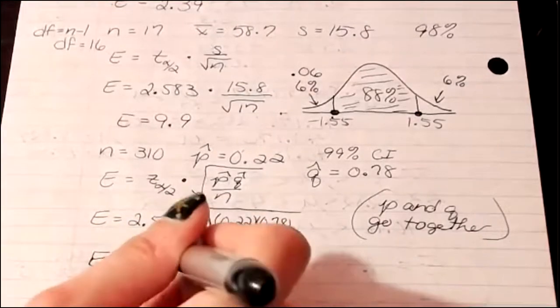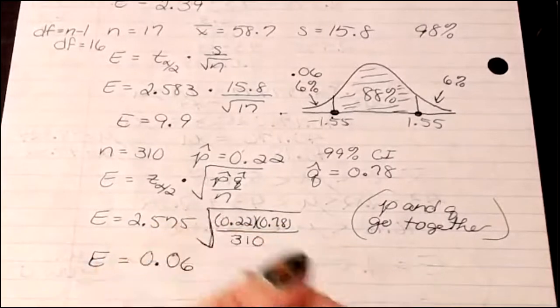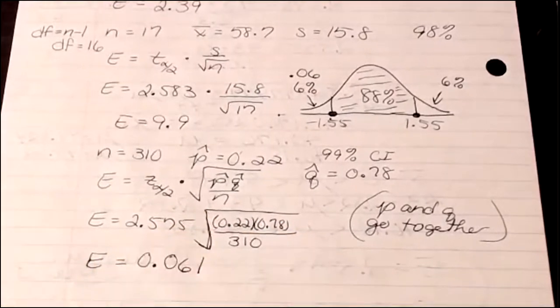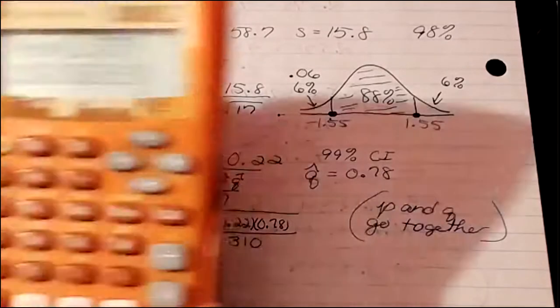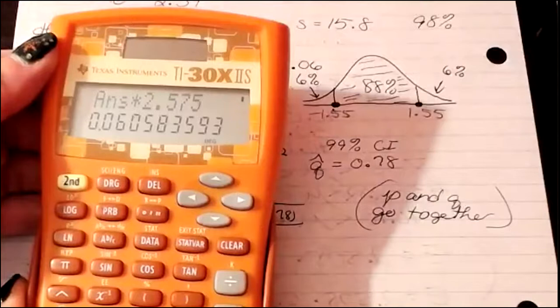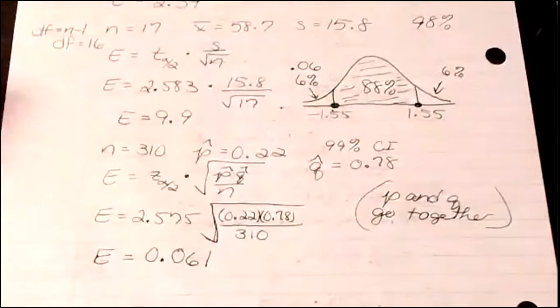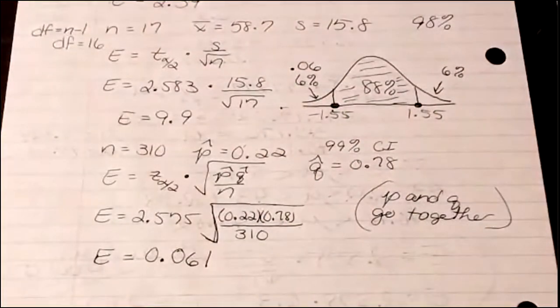I hope you're getting 0.061. When you punch this into your calculator, you should be getting 0.0605835593. When we round to 3 places after the decimal, it's 0.061.